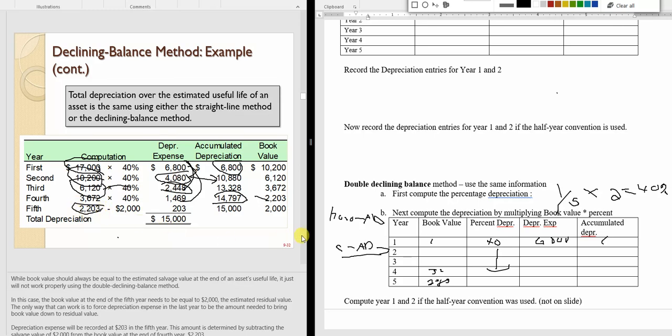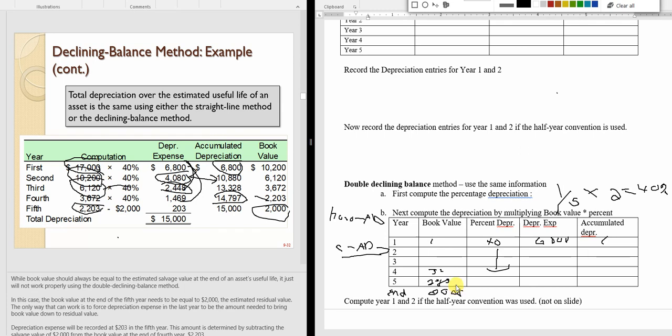In the last year, remember, I want my book value to equal salvage value. When I'm taking 40% of a smaller and smaller number, I actually never get to the perfect number. So in the last year, I just take the rest. At the end, I want this to be 2,000. So in year 5, this is now sitting at 2,203.